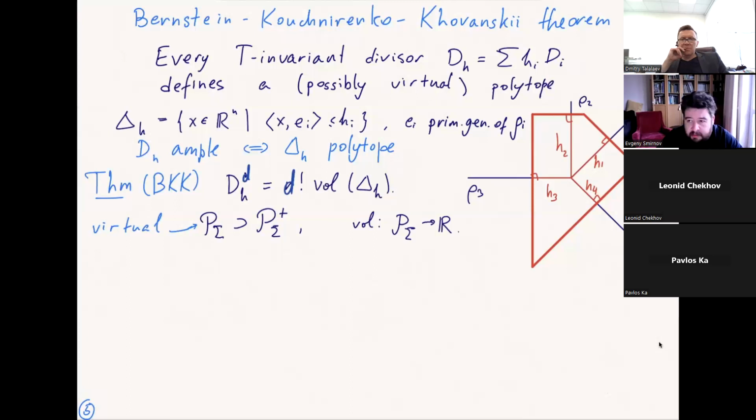This construction can be described in various ways. If you like geometry, you can say that you define such a bad thing like a polytope, and you're saying that the area of this polytope is, you need to take the white area and subtract the red one. But I don't recommend doing it in dimension n.